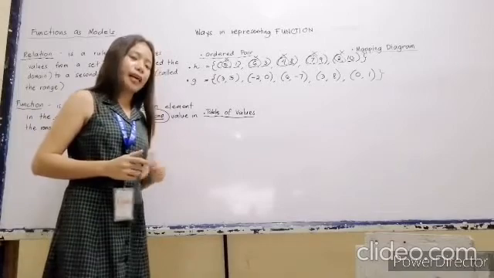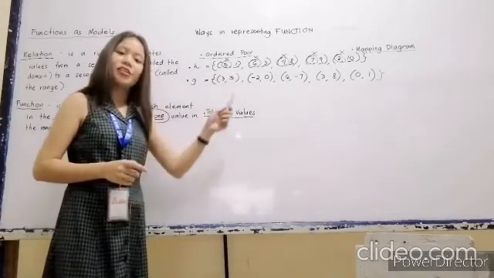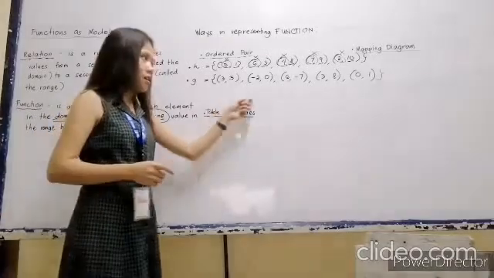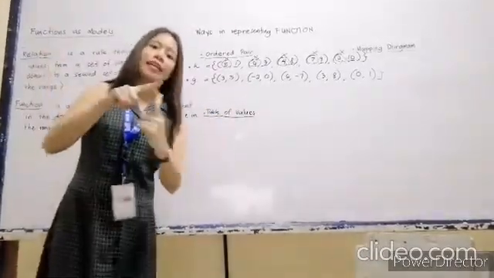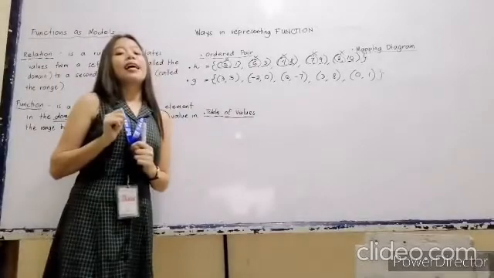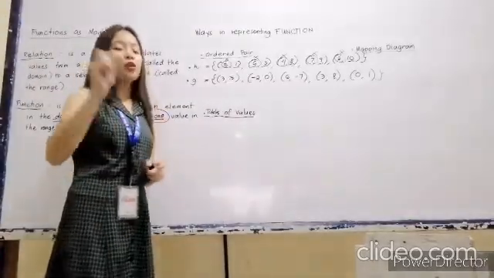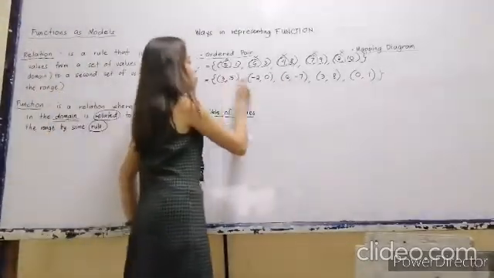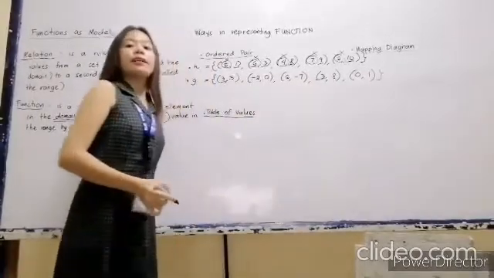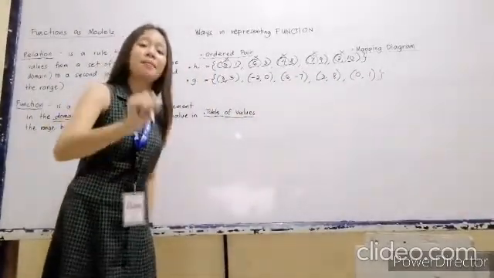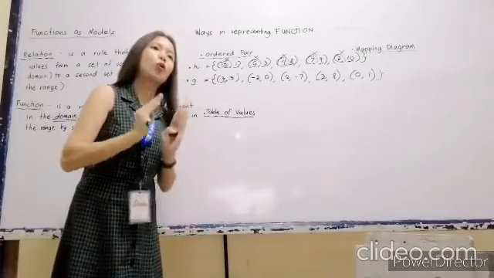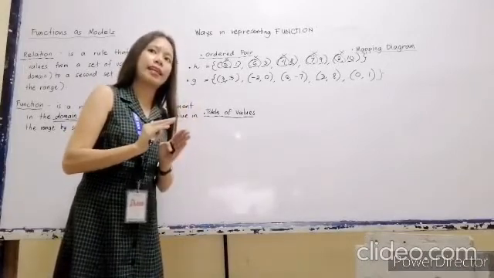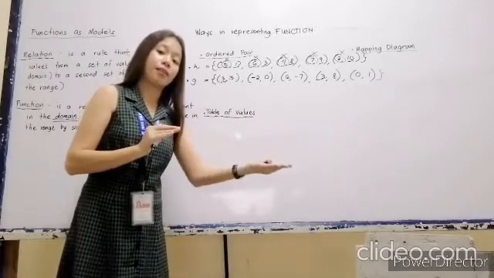Why? As you observe, we consider the ordered pairs written here. In this area, we have a repeated value of x. Which value is that? We have here the value of 3. I told you that for a set of ordered pairs to be a function, no value of x should be repeated that is related to y.